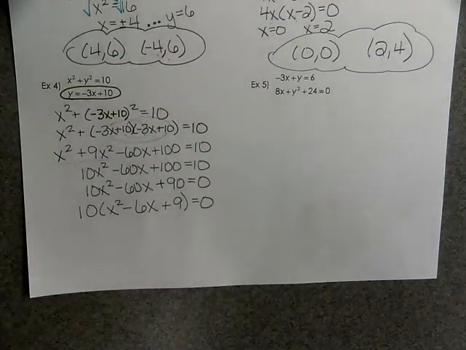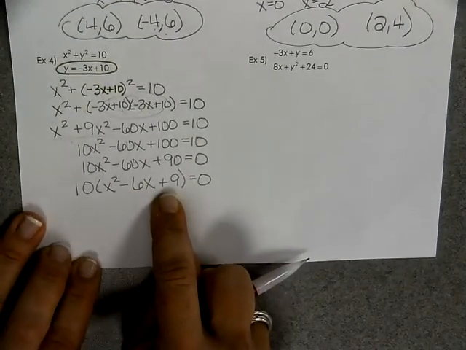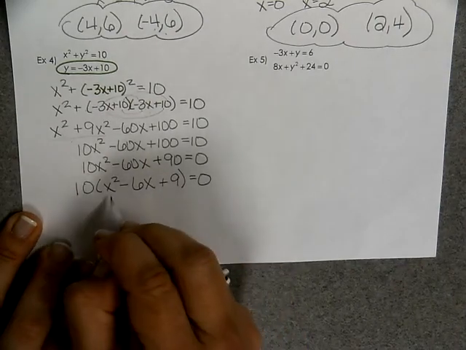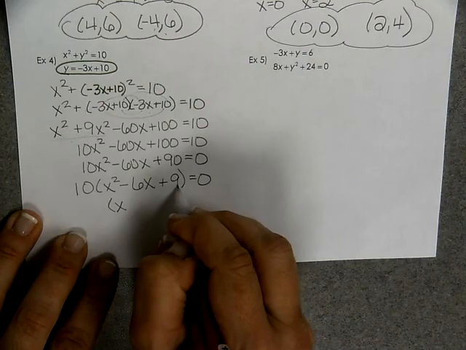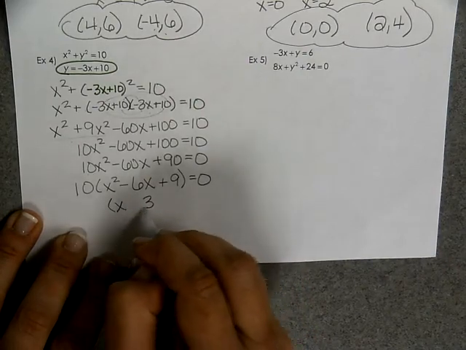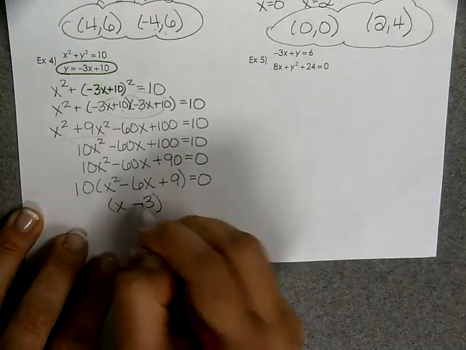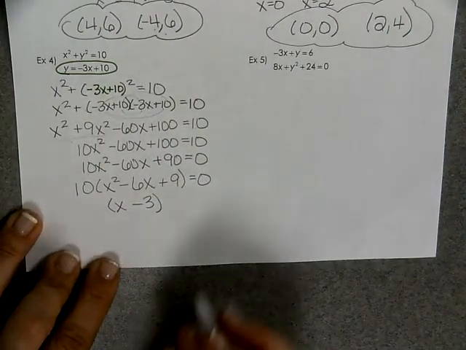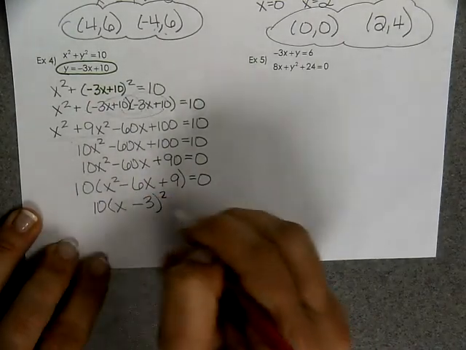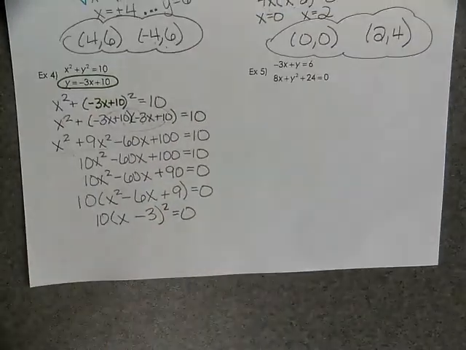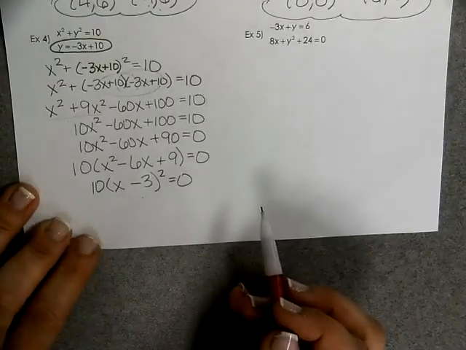And hopefully you notice that this is factorable. This is a perfect square trinomial, a PST. So remember that there's a perfect square here, there's a perfect square here, and if I multiply and double, I can get negative 6x if that 3 is negative. And remember, perfect square trinomials factor as a quantity squared. So by factoring, I end up with 10 times the quantity (x minus 3) squared equals 0.